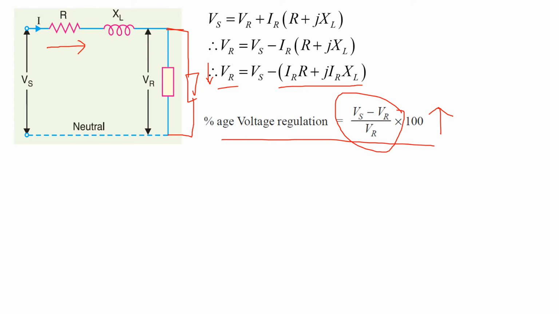The drop across R and XL is nothing but the product of I into R and I into XL. I depends on the load current. So if the load is connected, definitely I will be there. So it is not possible for you to minimize this voltage drop across the transmission line, and there will be a voltage drop in line elements, and that's why VR will definitely be less.